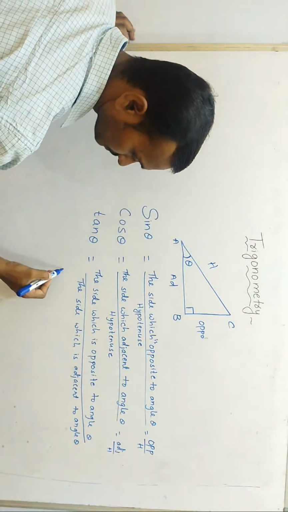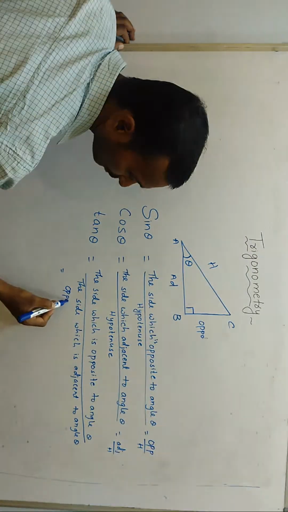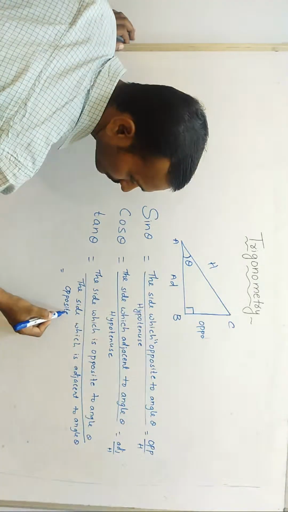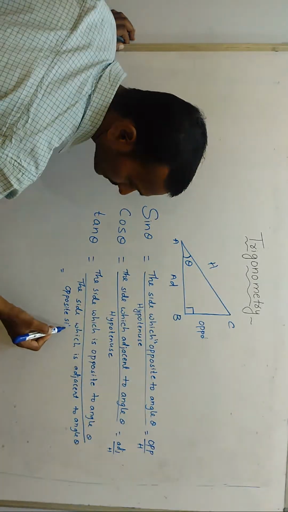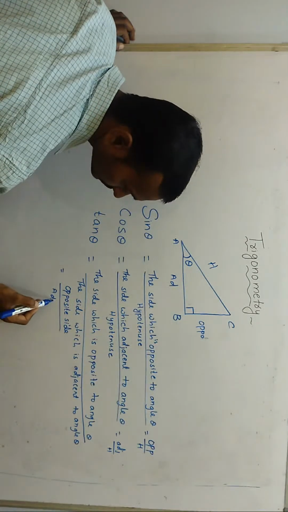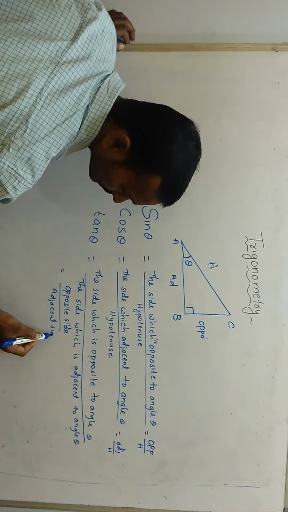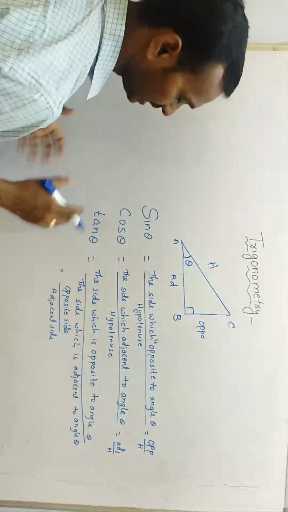So that is only opposite side by adjacent side. So these are the three trigonometric ratios.